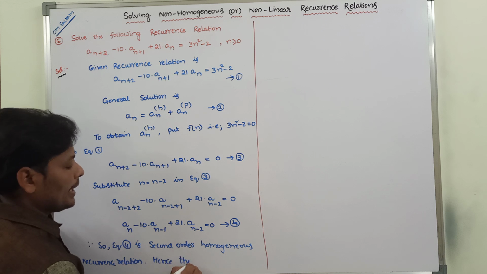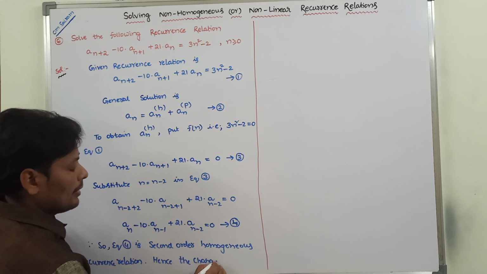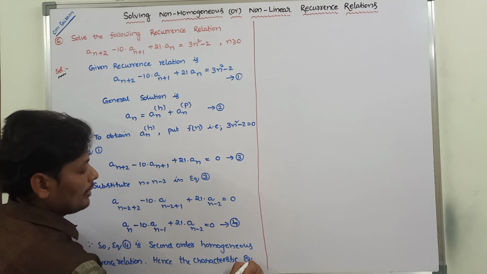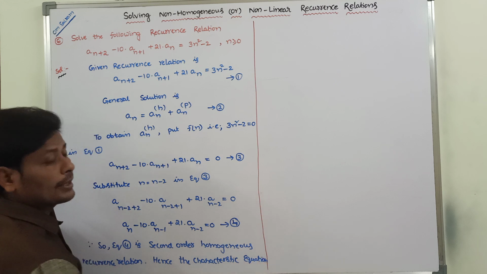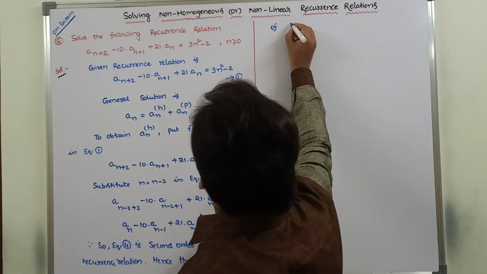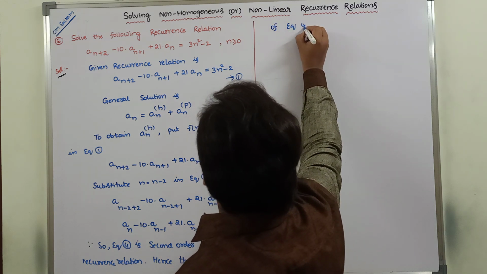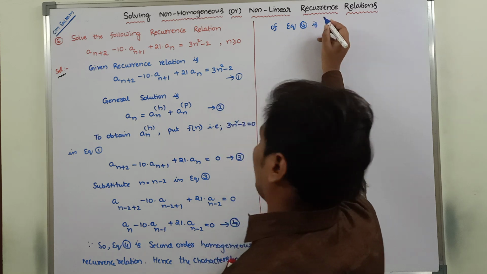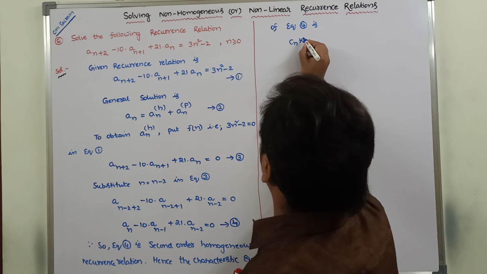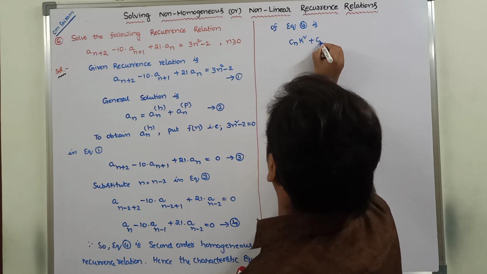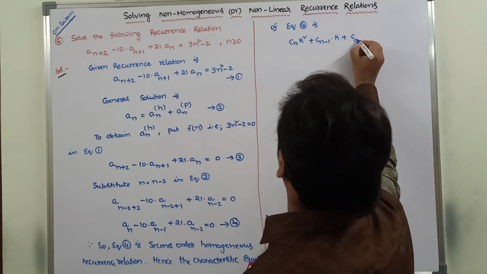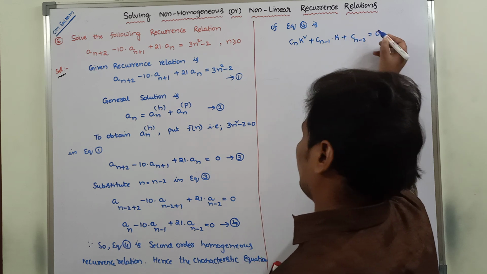Hence the characteristic equation of equation 4 is C suffix n k square plus C suffix n minus 1 into k plus C suffix n minus 2 is equal to 0.